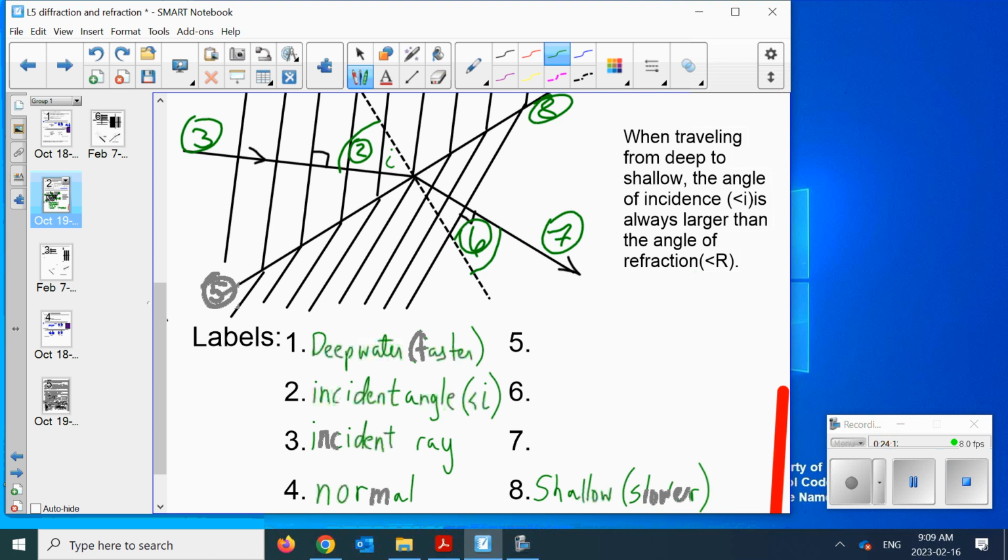So, the refracted angle, angle of refraction, we tend to use a capital R. And the other one is the refracted wave.